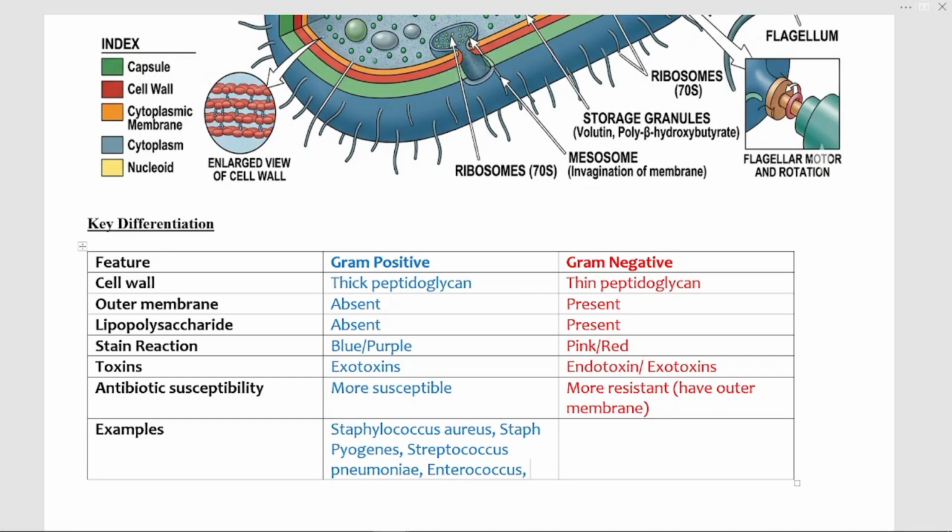You also have the rods, like the Bacillus, another common example of a gram positive bacteria, very common in causing anthrax. Let me add here anthracis to be more specific.